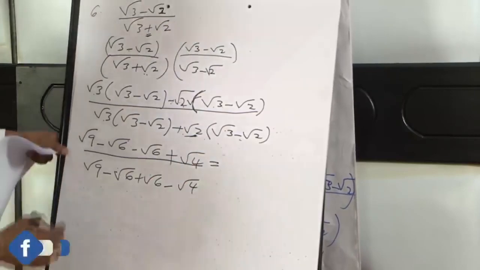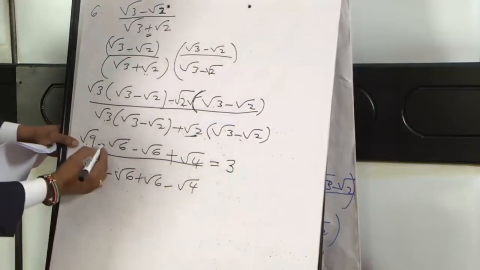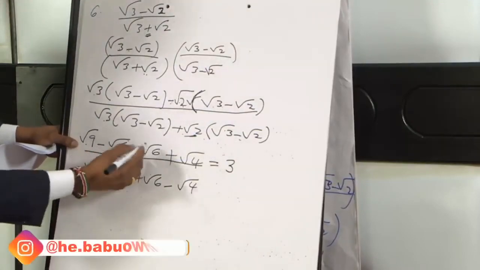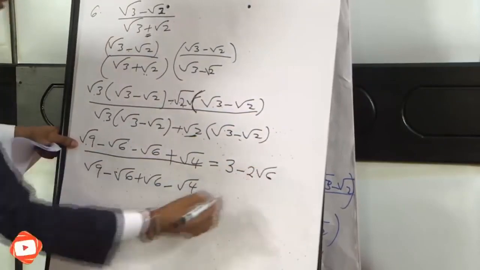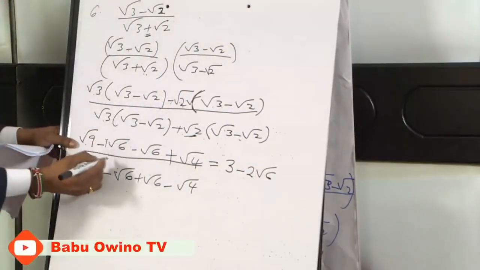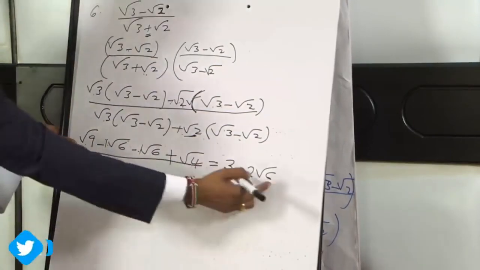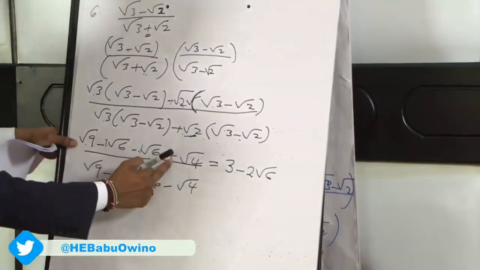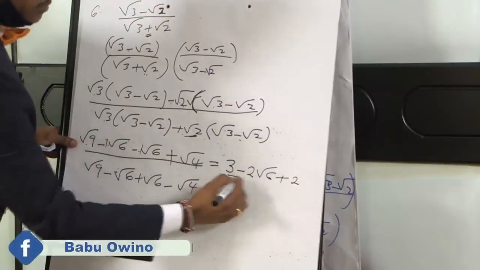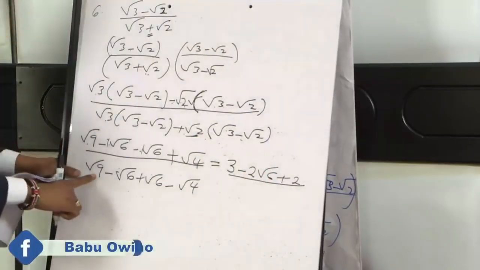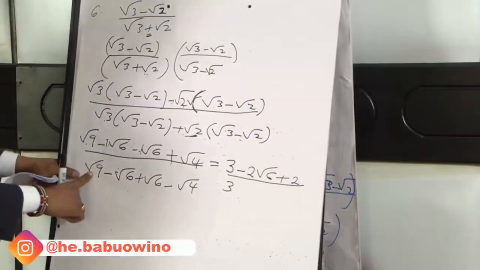What do we get from here? Root 9 is 3. Minus root 6 minus root 6 is minus 2 root 6. You just add the coefficients 1 and 1, then maintain root 6. Then plus root 4, which is 2. Divide by root 9, which is 3.